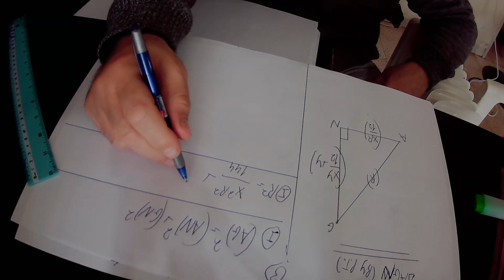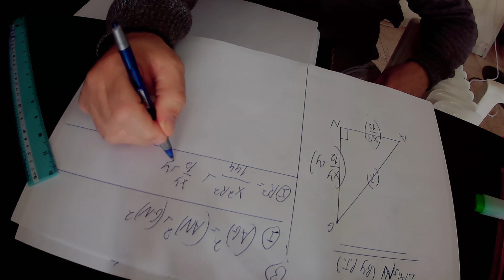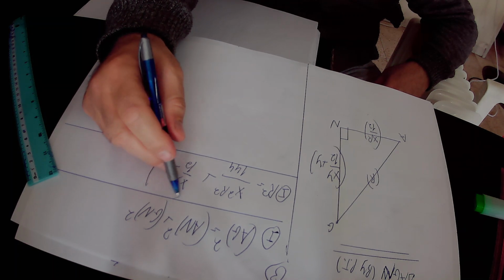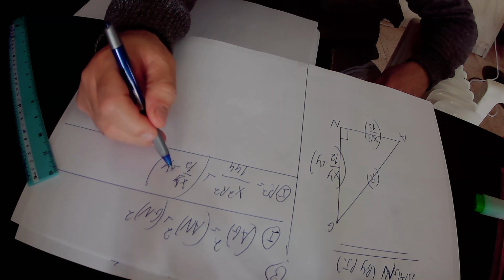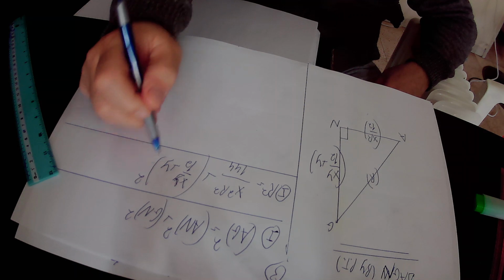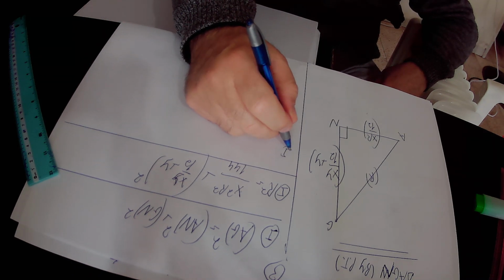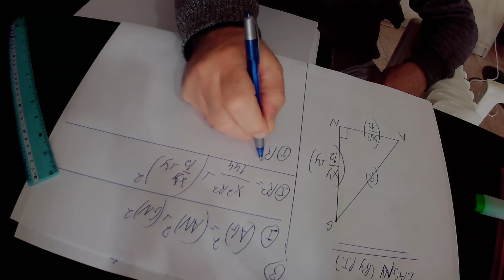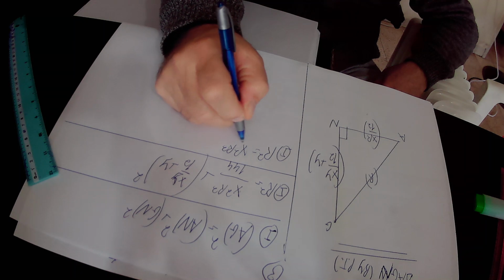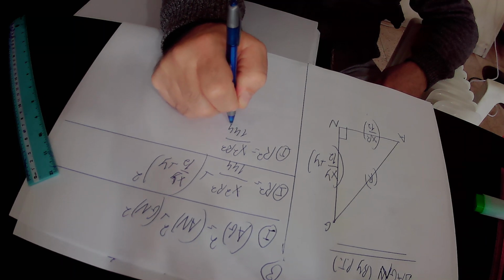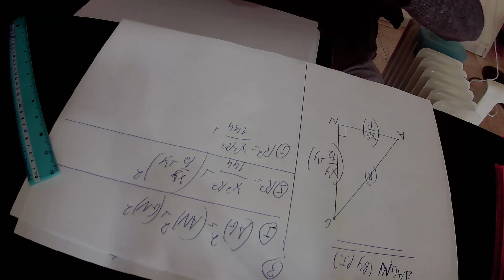GN equals XY over 12 plus Y, therefore GN square equals XY over 12 plus Y squared. So here we have this expression.